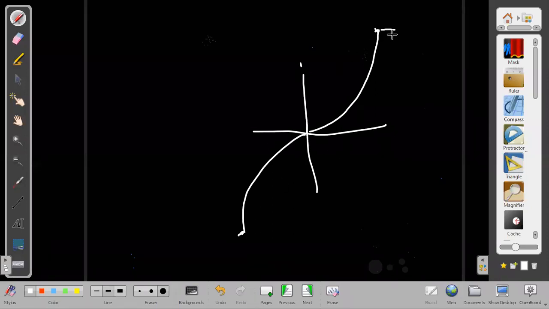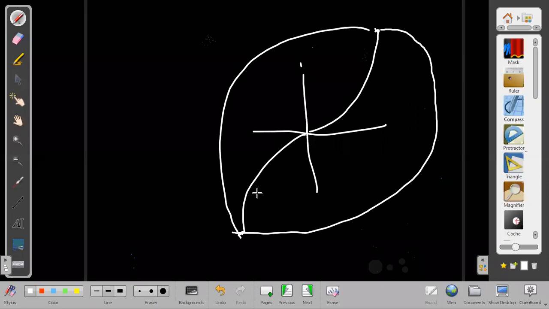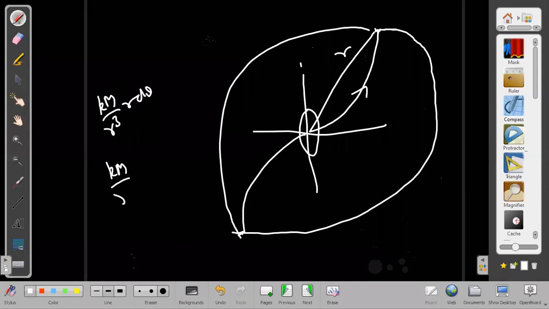I can take this way, or I can take this way also, whatever way I choose. Let us say I'm already reaching here, and this is r, a very large distance r. I can take k m by r cube into r into d theta, which will be equal to k m by r square into d theta. Is it right or not?